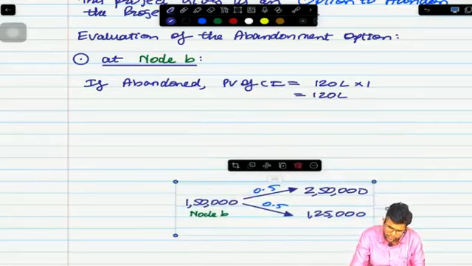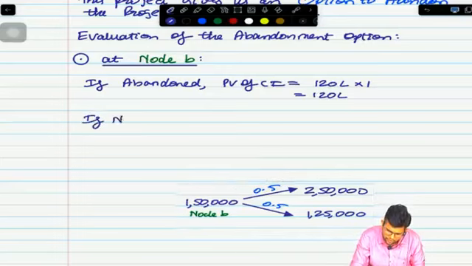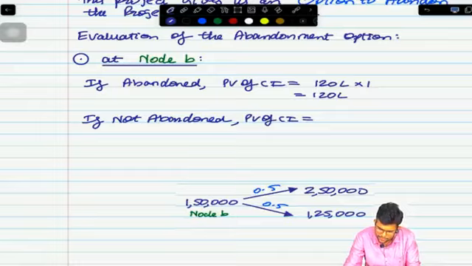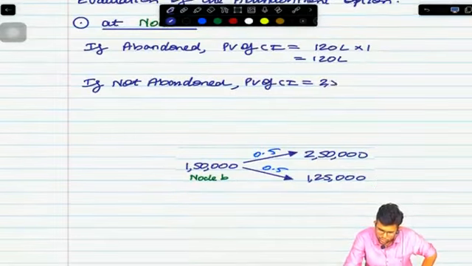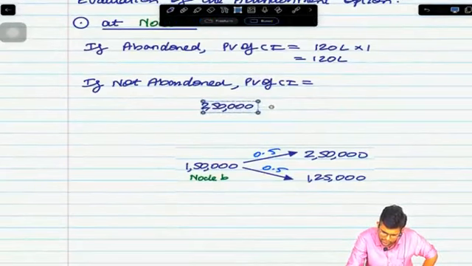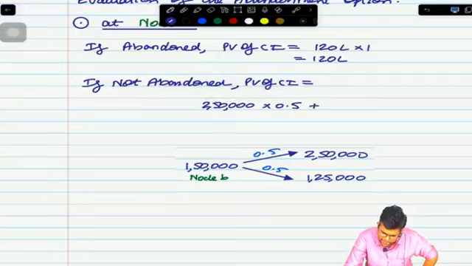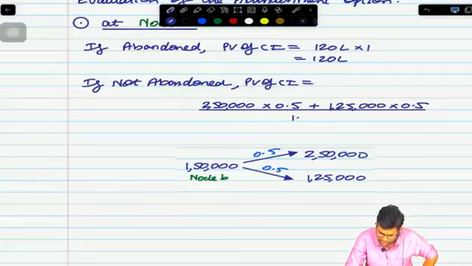If not abandoned, can I say PV of CI will be 2,50,000 into 0.5 plus 1,25,000 into 0.5, the whole divided by 1.1.